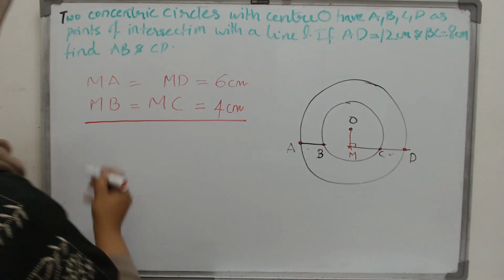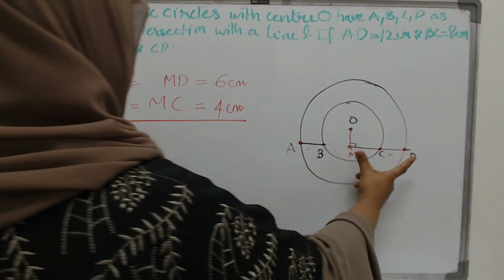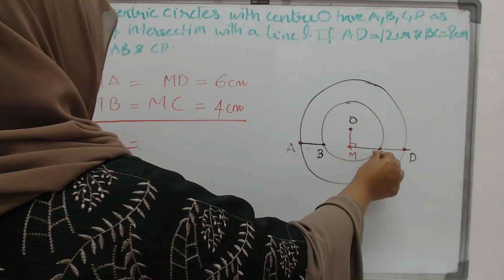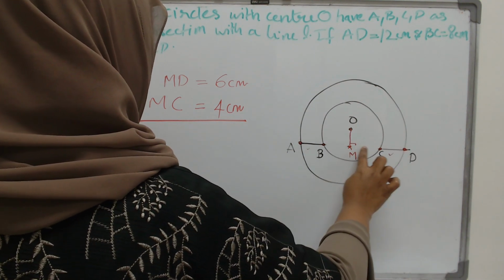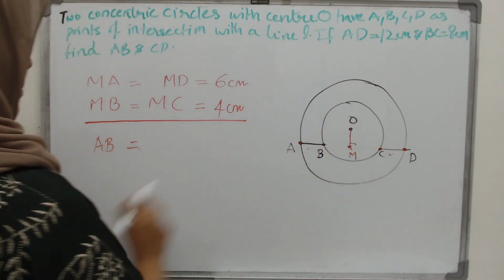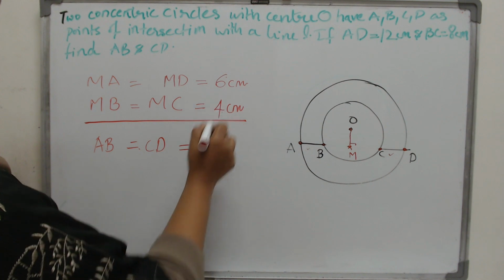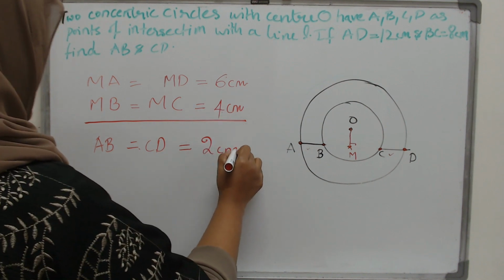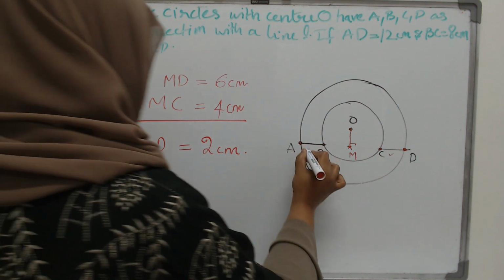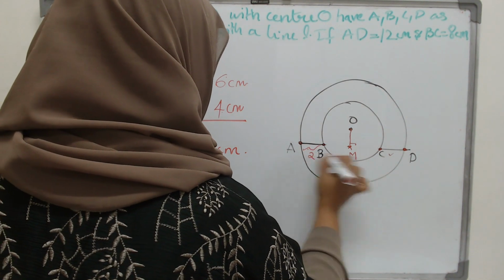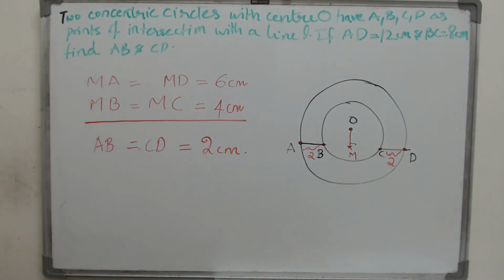What is left? Only AB is left. Now, this much is MD. Take away MC. What are you left with? It is just CD. Now, 6 minus 4 is 2 centimeters. There you have your AB. This much distance is 2, this much distance is 2, and this is exactly what we wanted.